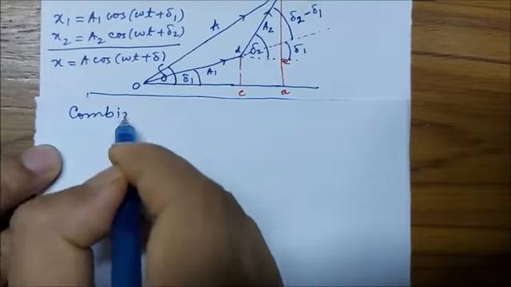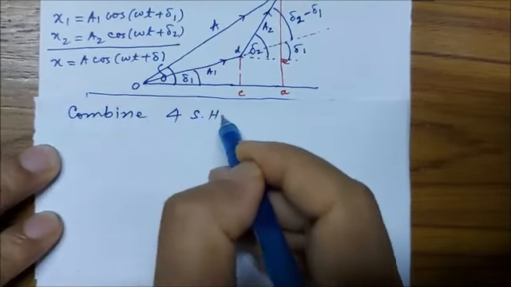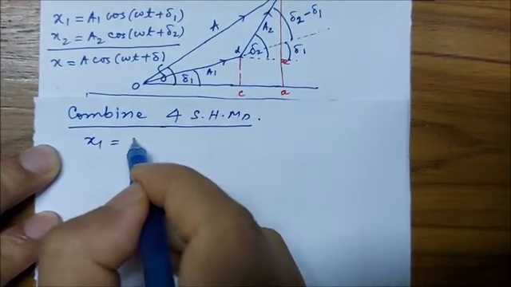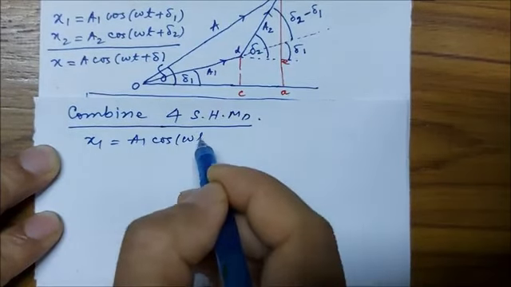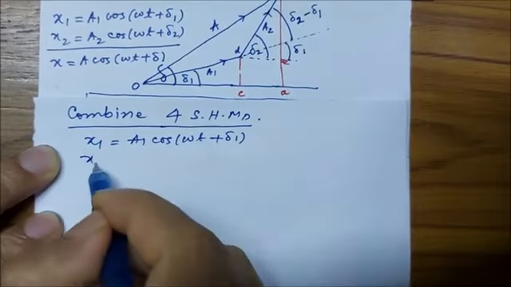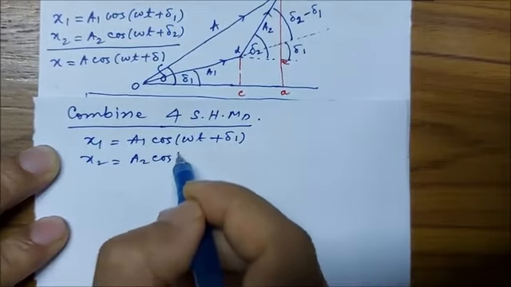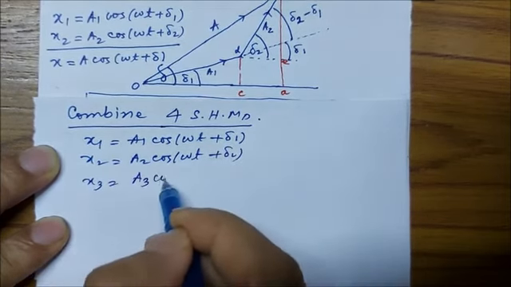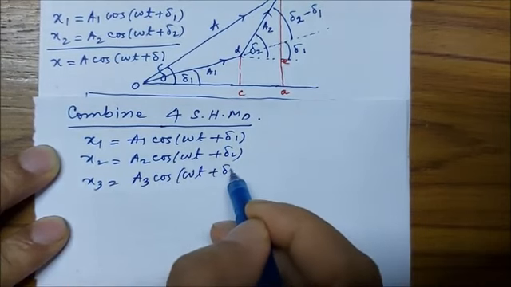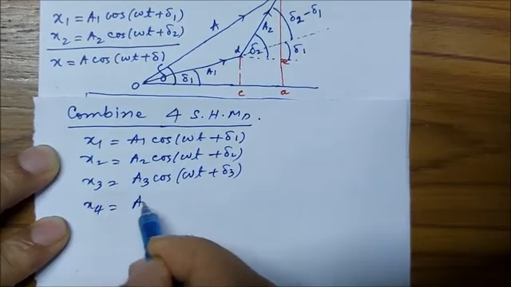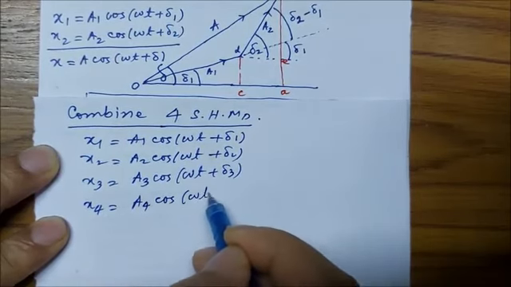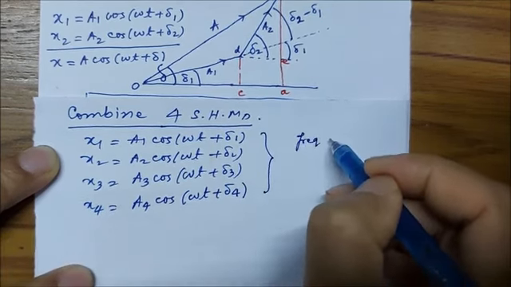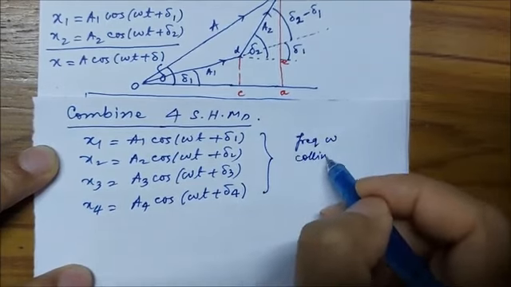which we show now. Combine 4 SHMs, and the SHMs given are, they all have same frequency, they are collinear.